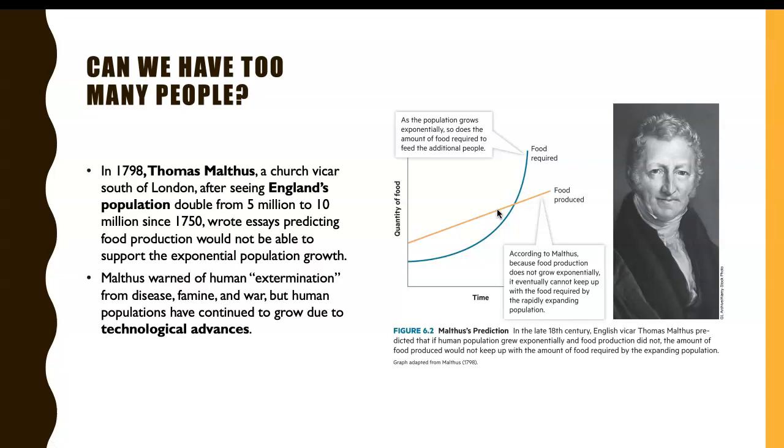And in 1798, Thomas Malthus, I would say a pioneer demographer, predicted that if the population keeps growing like this, eventually the population will crash, and we would probably go through a phase called extermination.